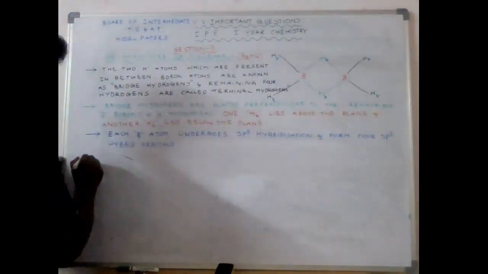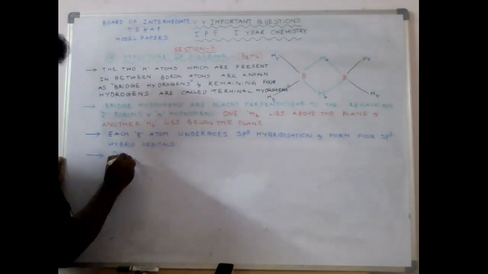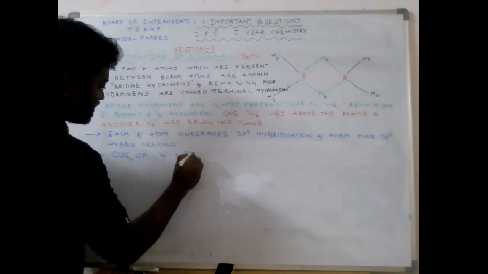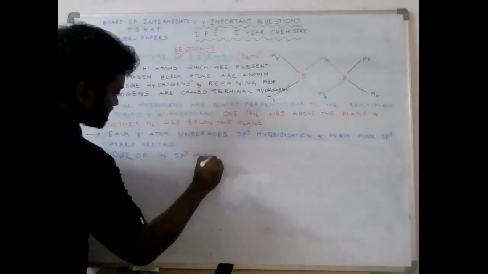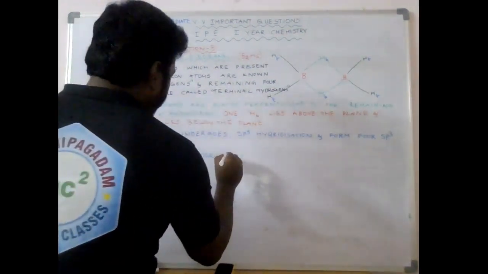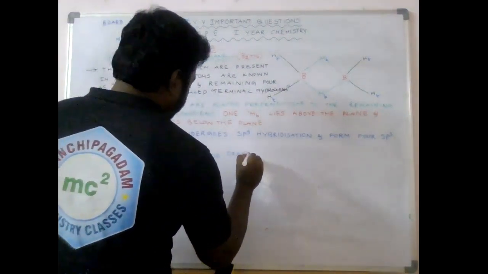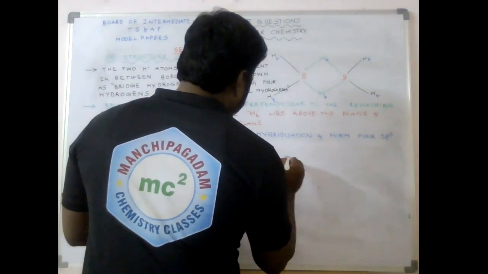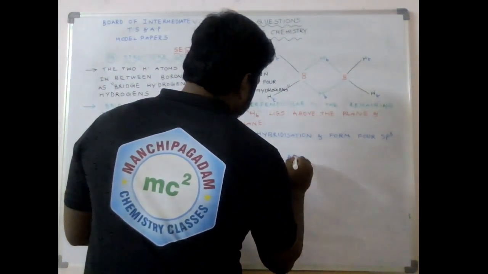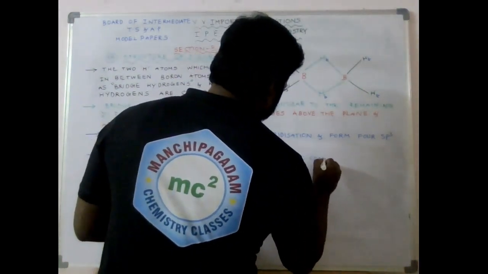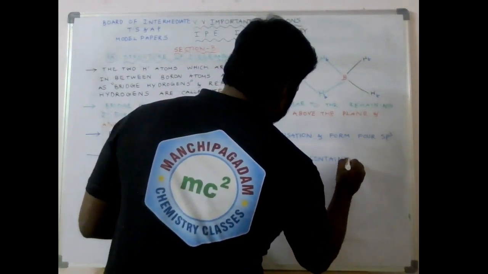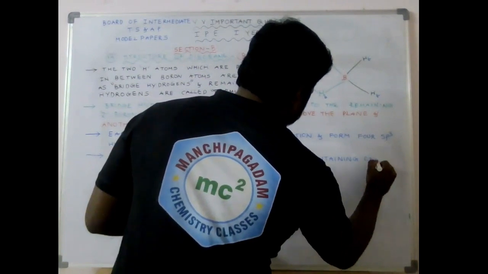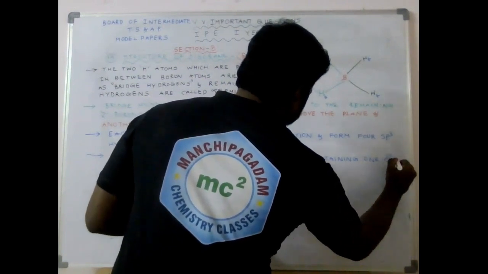Out of the four sp3 hybrid orbitals, three are containing one electron each.